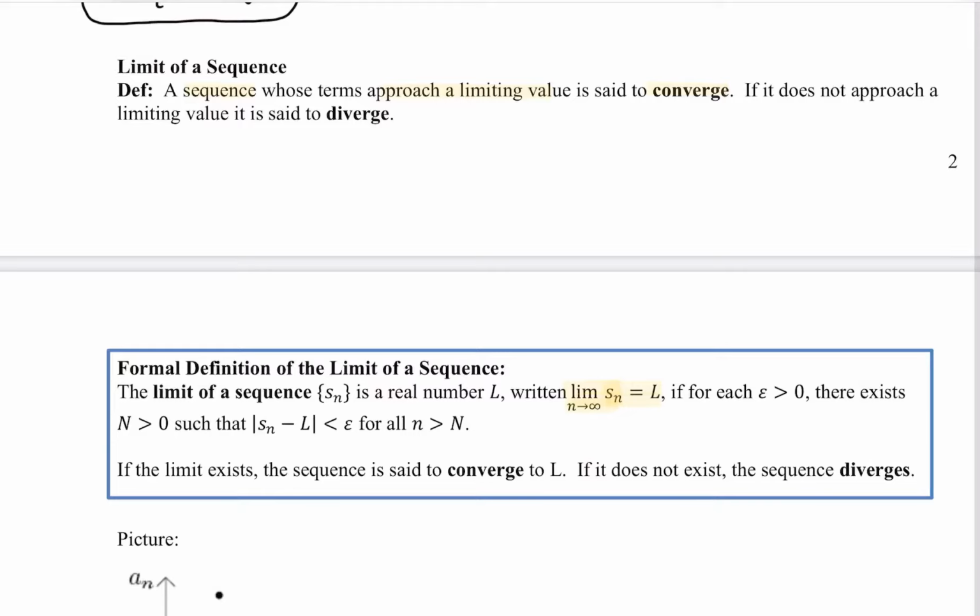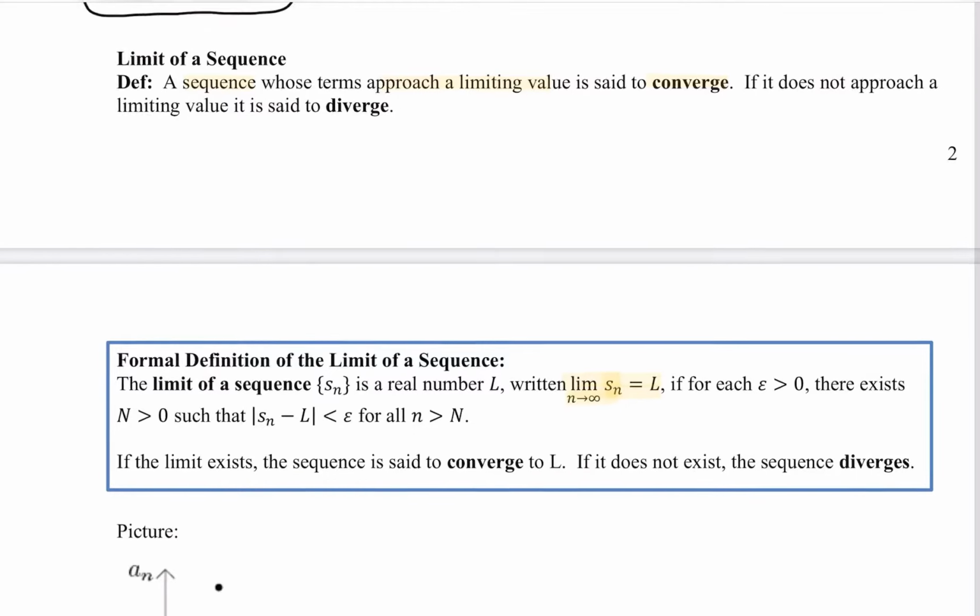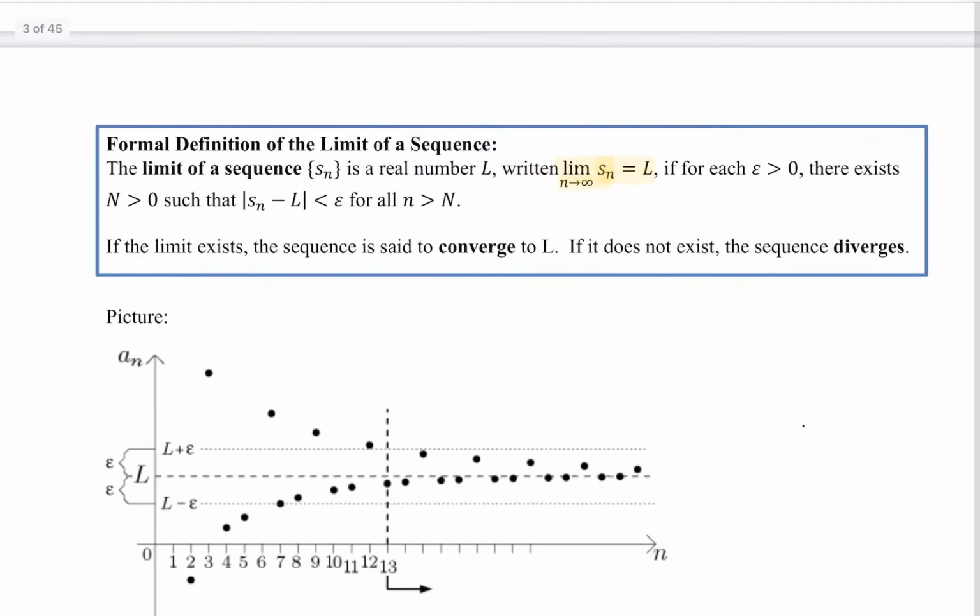That limit is going to exist if, for any small epsilon I pick, like if you look at this sequence of terms, it looks like it has a limiting value.